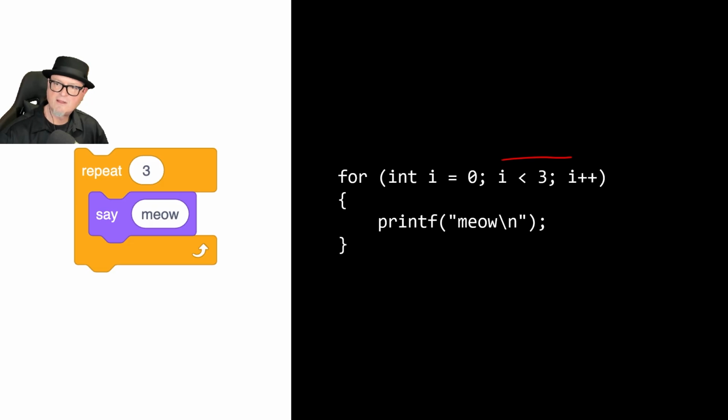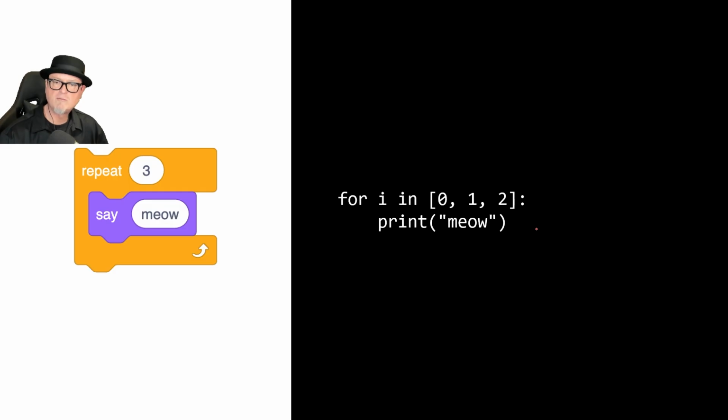And then the increment built right in, I++. And man, this looks familiar to my eyes. And to a lot of programmers, it would definitely look familiar because you use things like this so much. And then we just do the work. So the for loop is quite efficient and popular, and it is even a little simpler in Python.